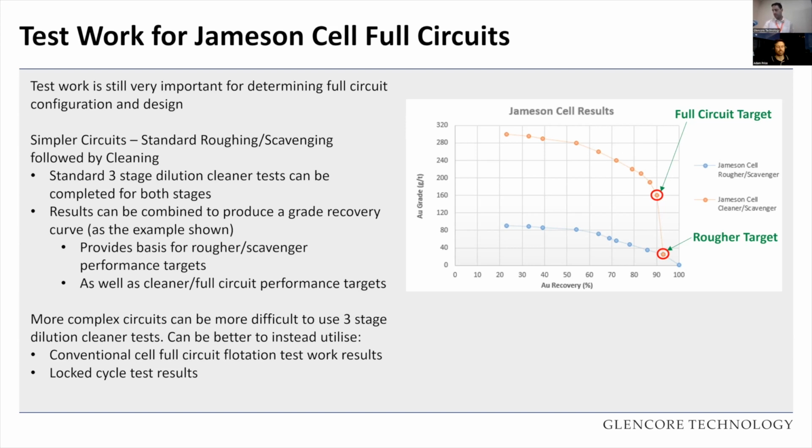So again, we're just basing it on the 3 stages of upgrading for certain stages, and then we'll match that performance. Or we have looked at lock cycle tests previously as well, which can become an easier option for understanding the possible full circuit results we can achieve.